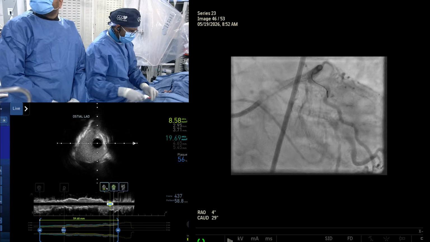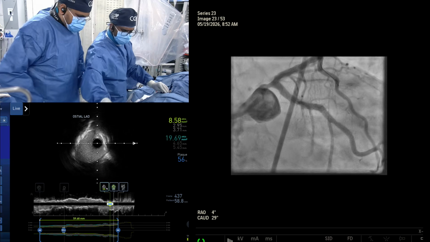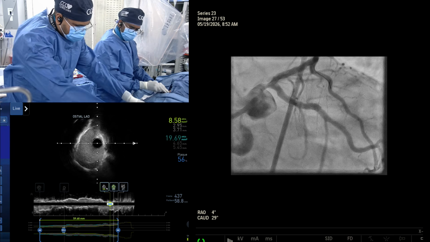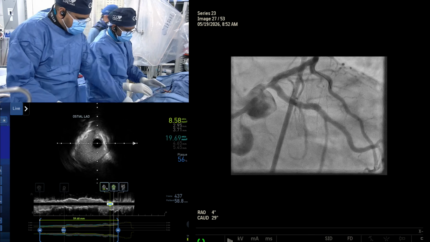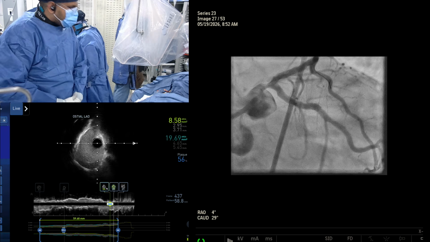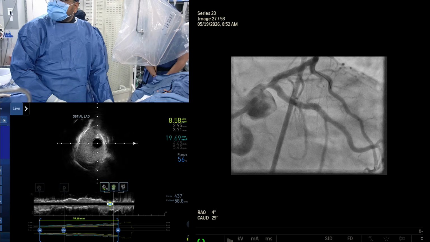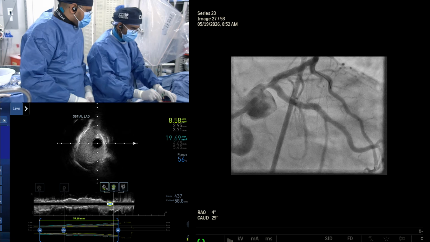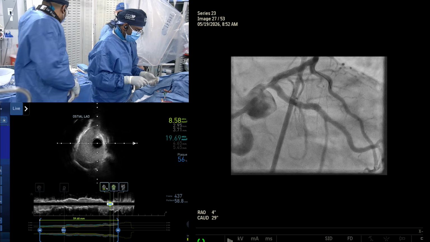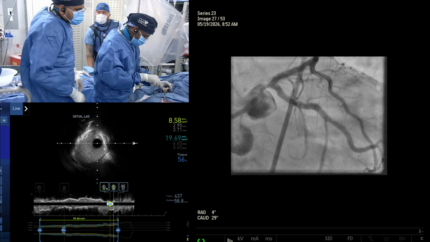I know there are all these criteria for calcium thickness, but there's no criteria for calcium composition based on imaging. If we get that and do this study to understand it, then depending on the thickness and the composition, do we give 3 pulses, 4, 10, 12? More study has to be done.